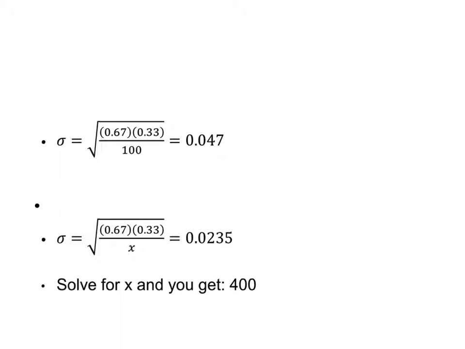So it'd be 0.0235 squared, equal to 0.67 times 0.33 divided by x, and you solve for x and you get 400. That's pretty interesting, so remember that fact. In order to cut standard deviation in half, you have to increase your sample size by 4 times. Pretty crazy.